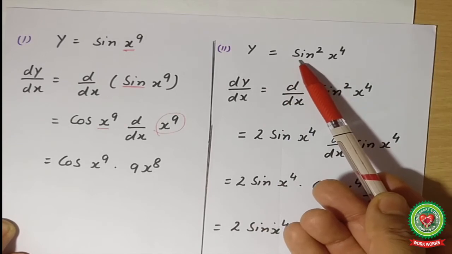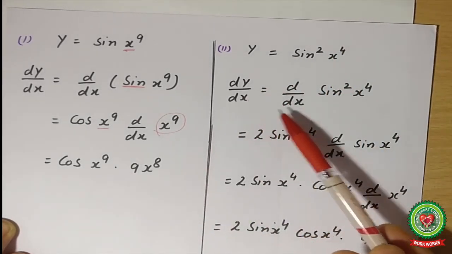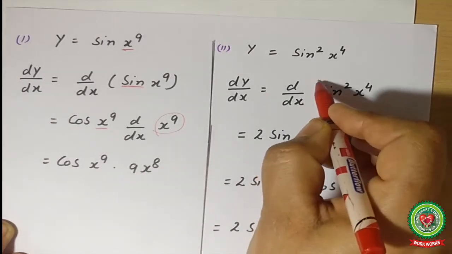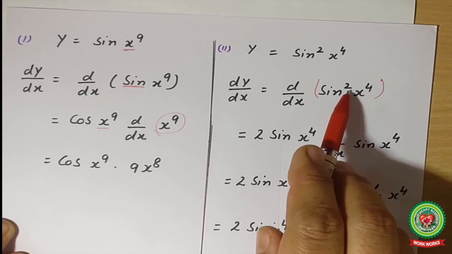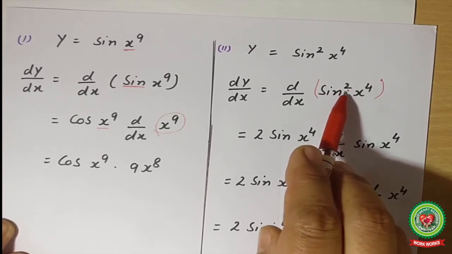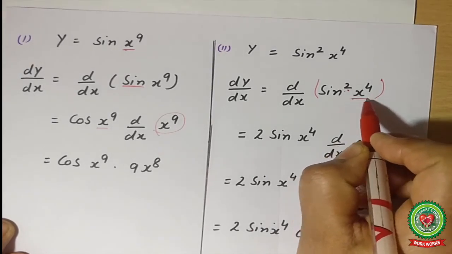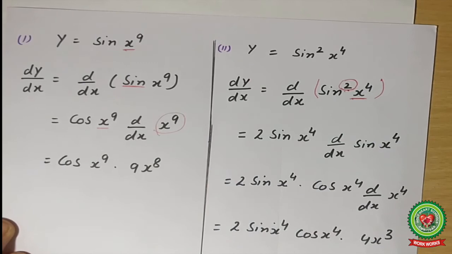y is equal to sine square of x raised to power 4. Clear? dy upon dx, we write down the full statement. Now, first of all, when a power is there, we will handle the power of the t ratio, not the power of the angle. The power of the t ratio is square.